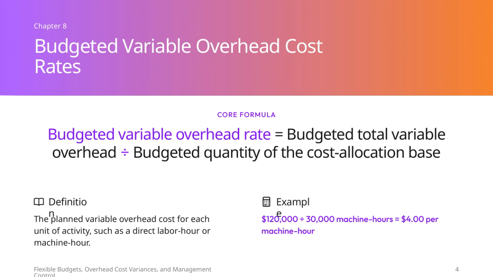For example, if we budget $120,000 for variable overhead and expect 30,000 machine hours, the budgeted variable overhead rate would be $4 per machine hour. This concept is critical for creating flexible budgets and analyzing overhead cost variances, which in turn support effective management control. Understanding and applying this rate helps ensure accurate budgeting and cost management throughout operations.